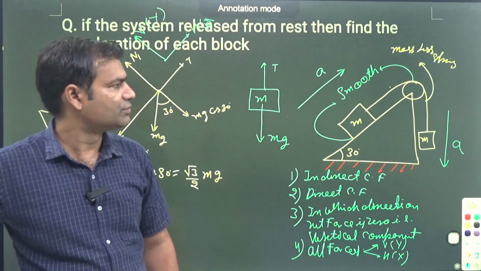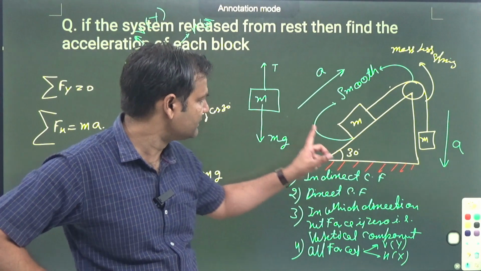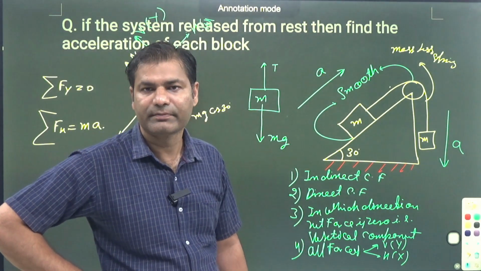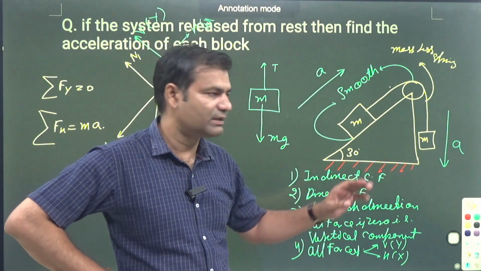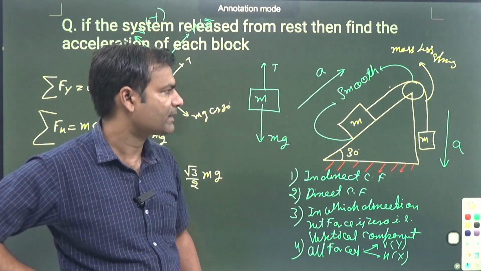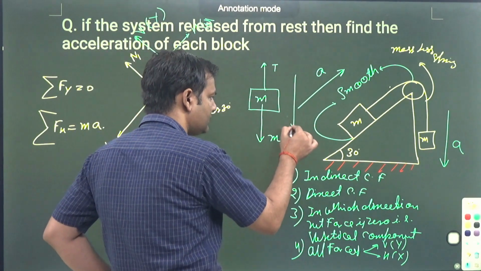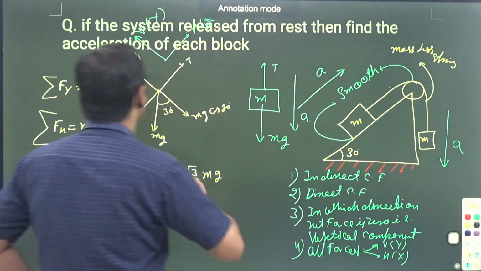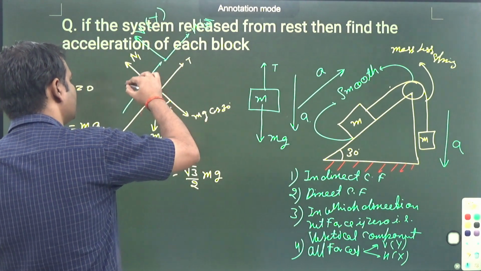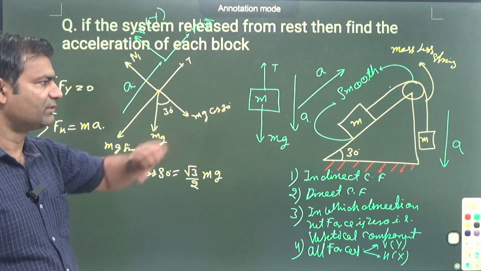So if this one is going downward, this is also going downward. Suppose the acceleration is a and that is also a. Clear? So focus on that one.